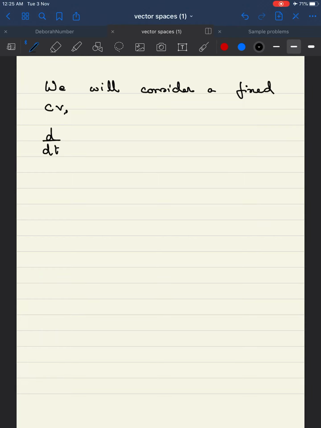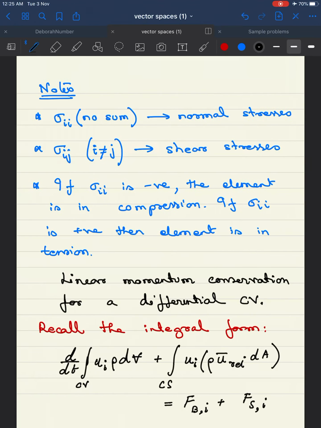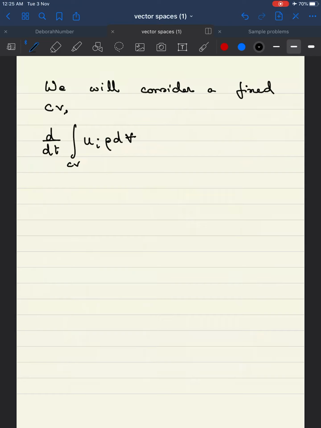You have the d/dt of this u_i rho dV over the control volume, and I can take this time derivative inside, and now just put u_i rho dV, and my u relative will be simply u, for a fixed control volume.